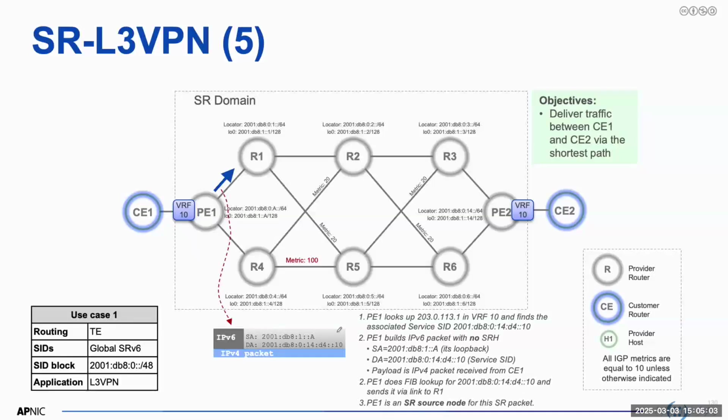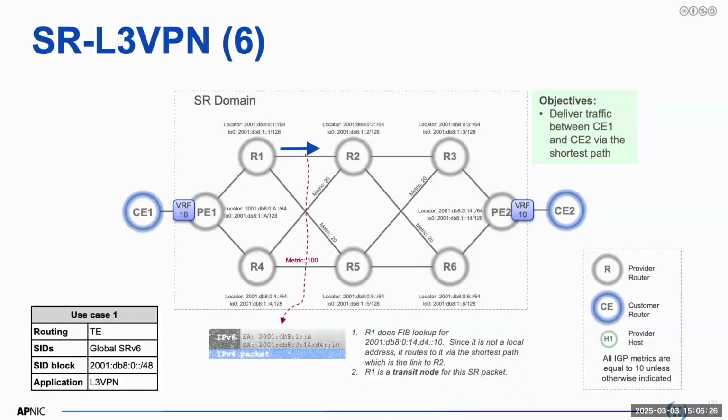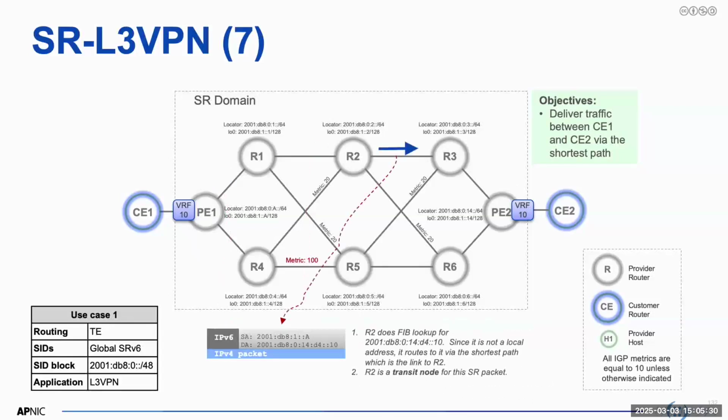It puts the destination address as the PE2 address, which it has advertised for this VPN. Earlier we saw it advertised this address using the End.DT4 function here. The remaining devices keep looking at the destination address, and the packet will reach P2.